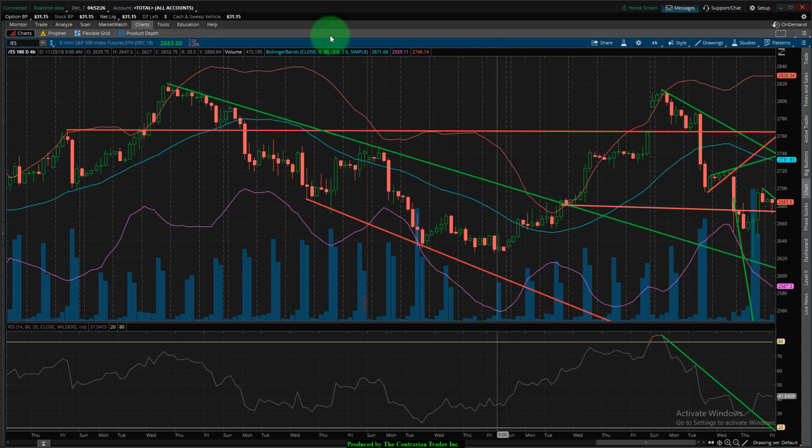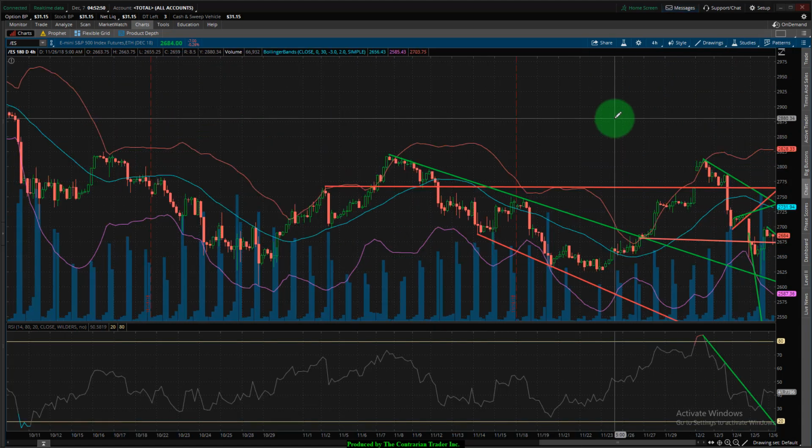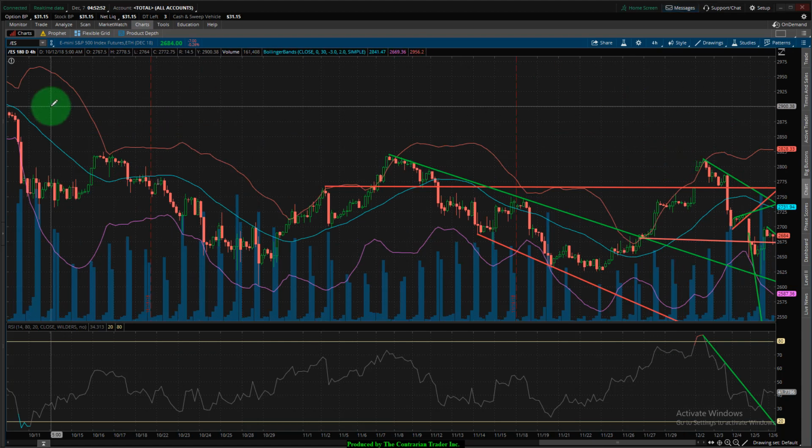So don't paint yourself into a corner by getting overly aggressive to the long side right now, because as it stands, the path of least resistance remains to the downside despite yesterday's rally off the lows of the day.